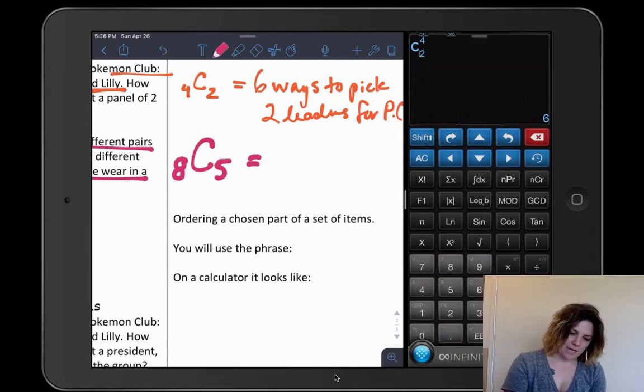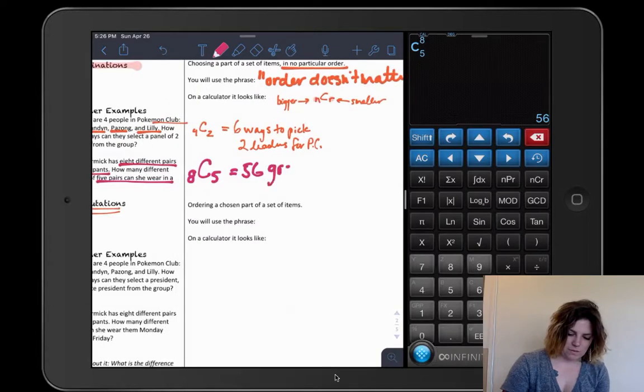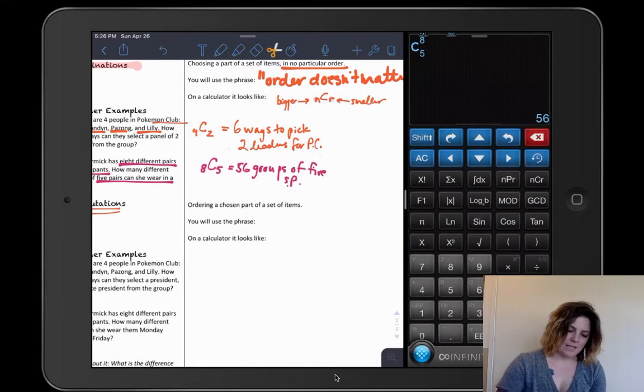I can change these numbers, or I can also just all clear and retype it. So 8C5 is 56. So there are 56 groups of 5 sweatpants.